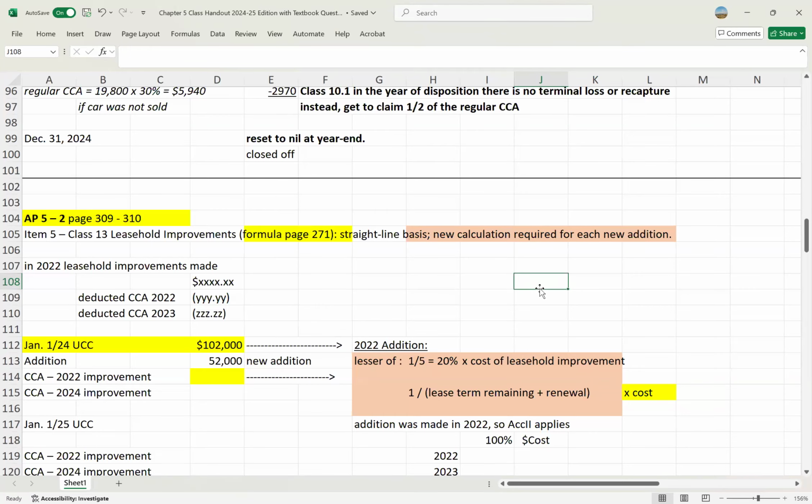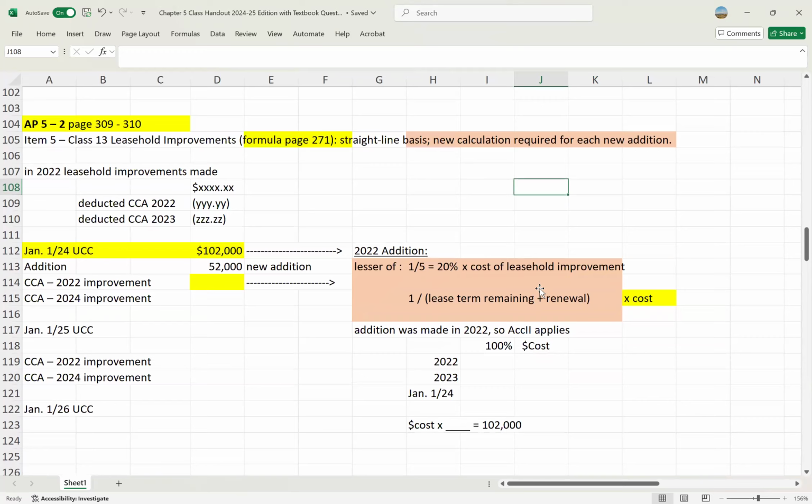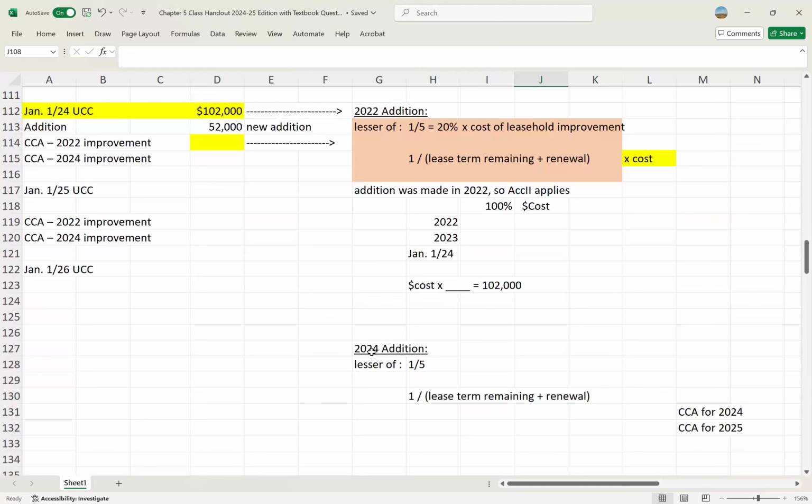So what I want to do then is focus on what the CCA will be for this new addition of 52,000. So I have that down here.